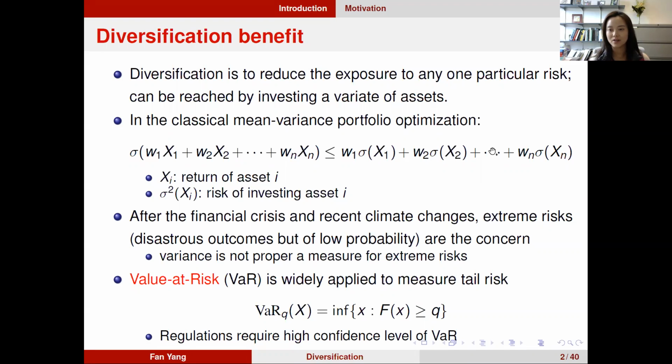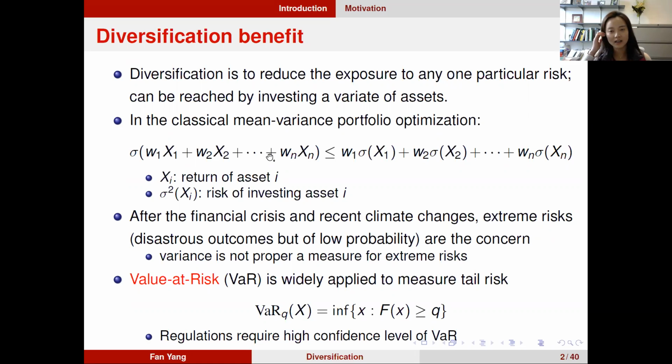On the right-hand side is the risk when you invest in a particular single asset. This inequality tells us that the risk of a portfolio is always less than or equal to that of investing in the individual assets.